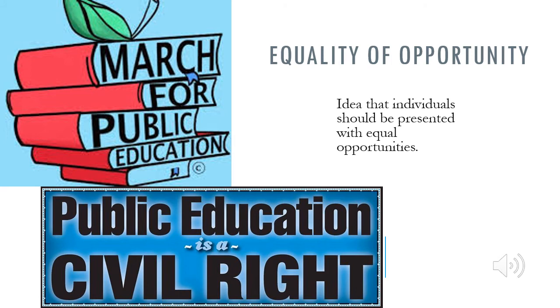And that is not necessarily something that we have been able to overcome in the public education system, right? And this is again just talking about public education. It's not even taking into consideration private or charter schools, which operate a little differently, right? So this is what the equality of opportunity standard represents.